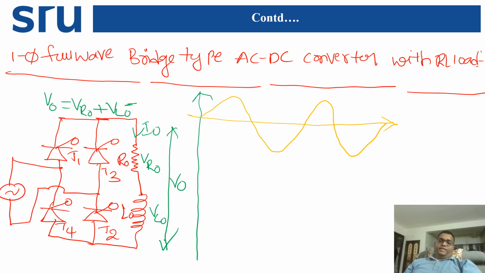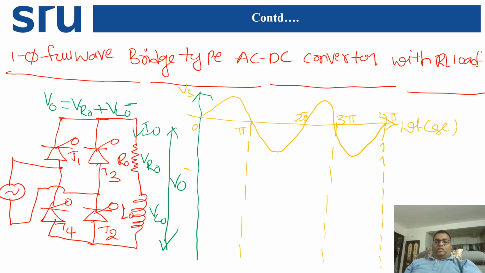This is the horizontal line, and we draw vertical lines for each 180-degree duration. This is 0, pi, 2 pi, 3 pi and 4 pi, with omega t in terms of seconds. This is the source voltage.